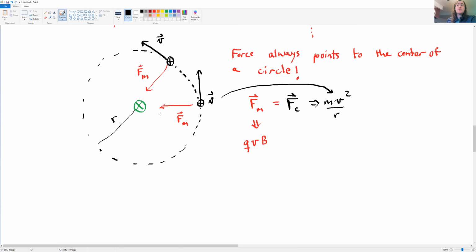Notice that the velocity is always perpendicular to the force, and the force is always perpendicular to the magnetic field, right? They're all 90 degrees with respect to one another in this picture. And so we don't need the sine theta. So we won't put the sine theta there. Go ahead and set QVB equal to mv squared over r, like so.